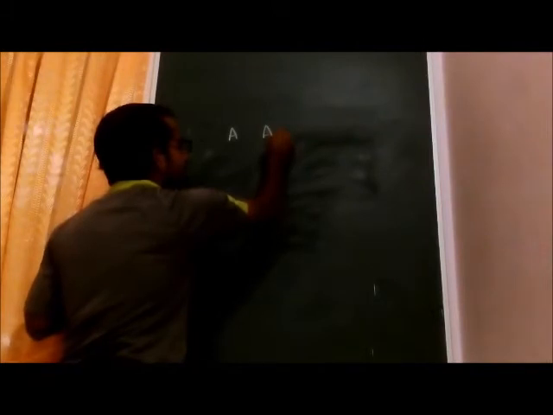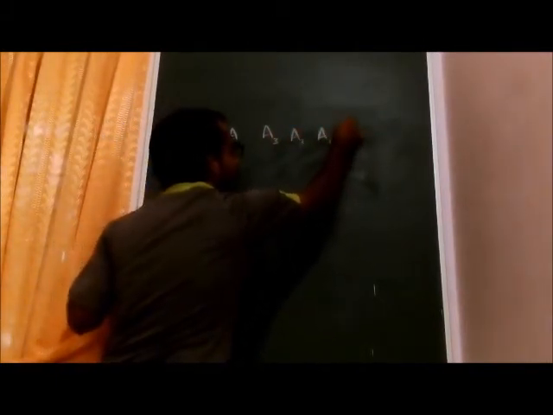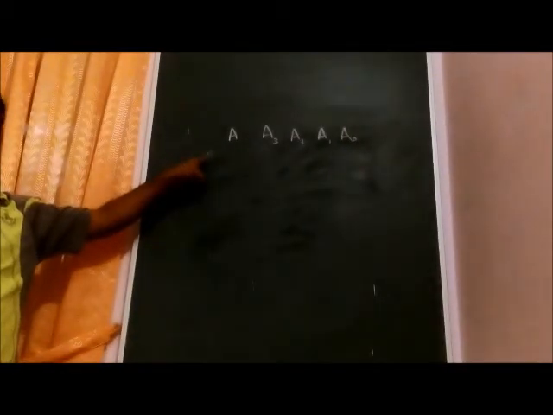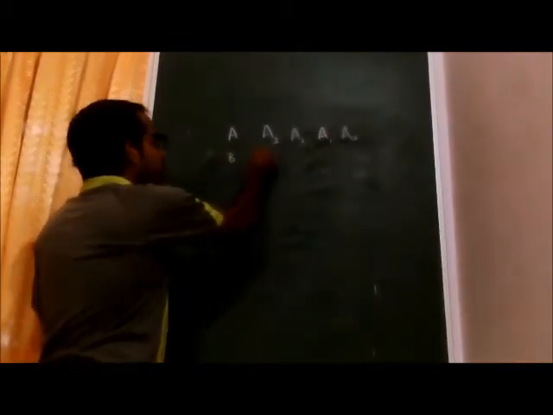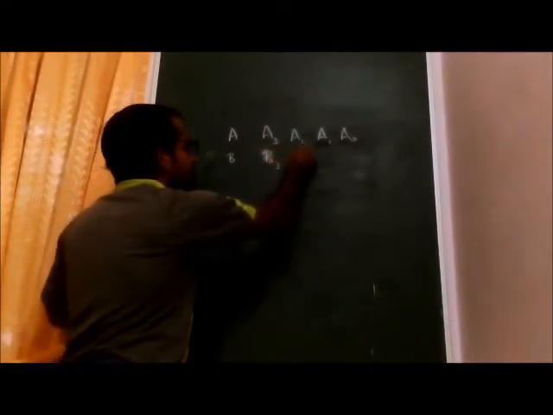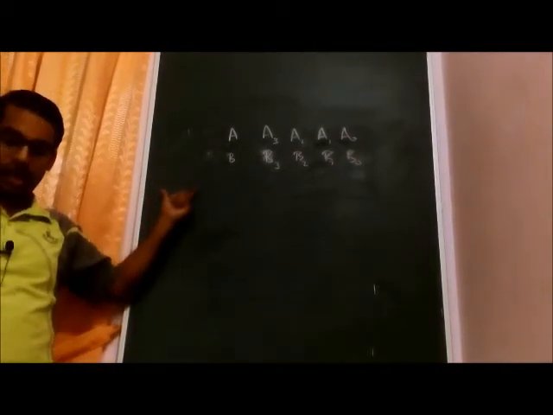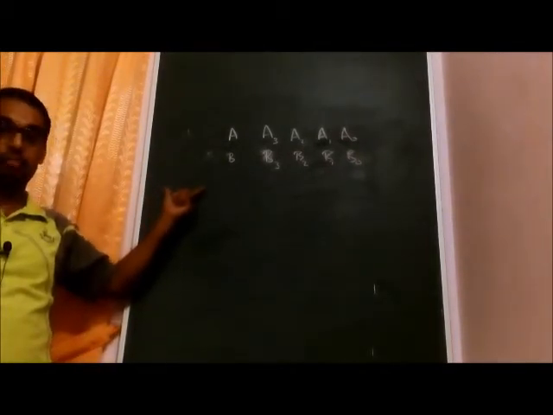For example, in a 4-bit binary number, A can be represented as A3, A2, A1 and A0, and B can be B3, B2, B1 and B0. So these are two 4-bit numbers A and B.